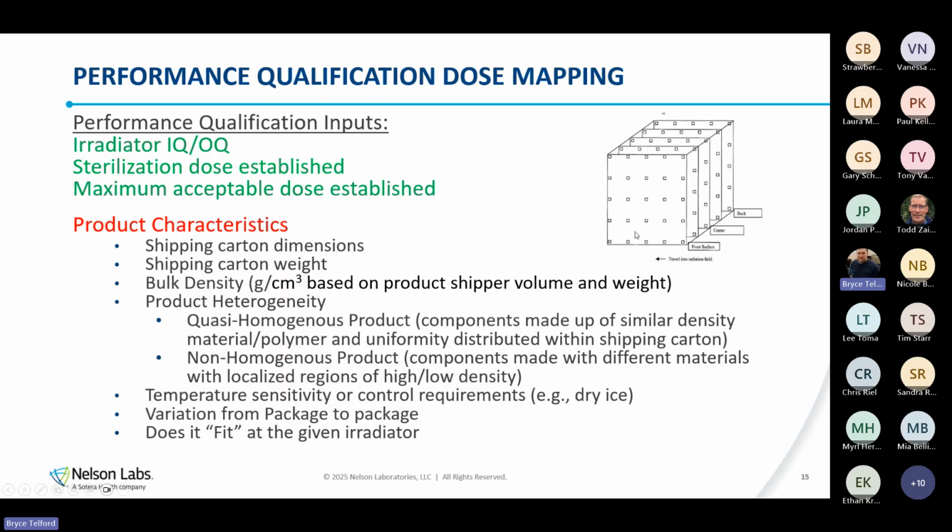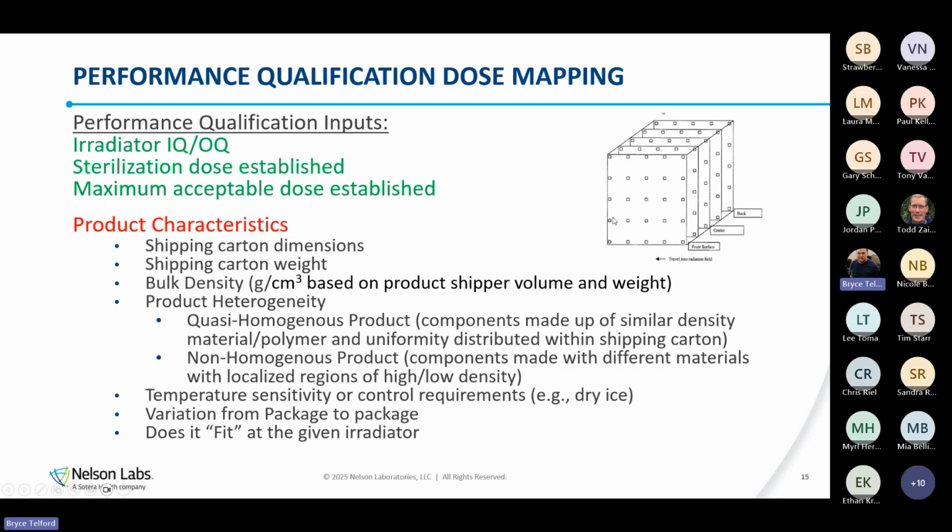Basically, how is the density distributed throughout this product? If I have a really high density zone, just like in an oven, that's going to take longer to have a temperature change. Similar with gamma, or e-beam or X-ray actually, so any radiation source: if I have a higher density area, that's going to take longer to absorb more dose.